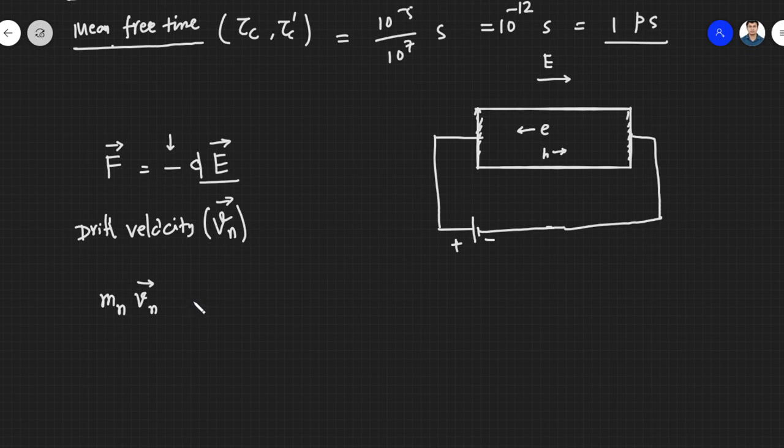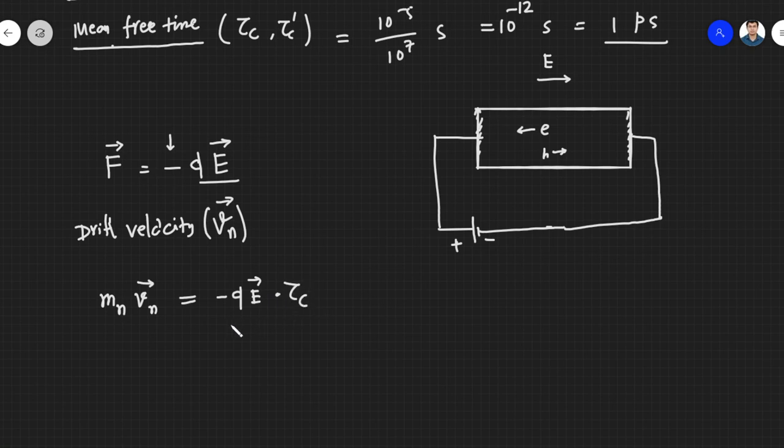And this momentum is coming from the applied electric field, right? So we can write it as Q times E times tau c.